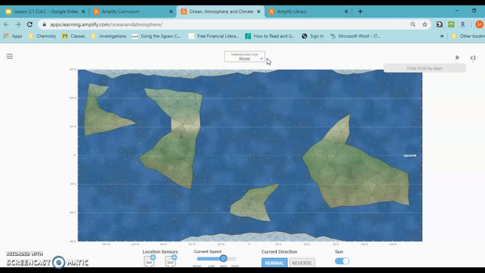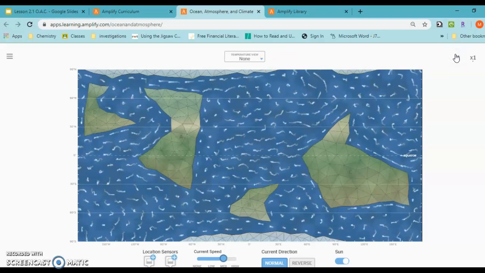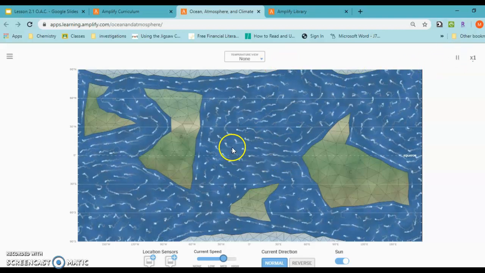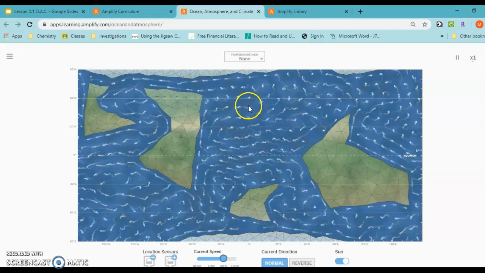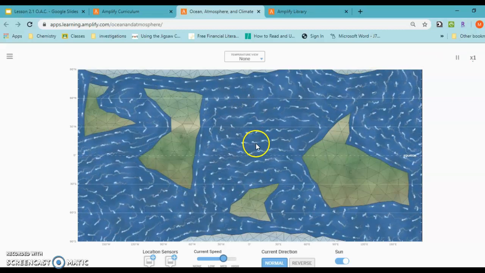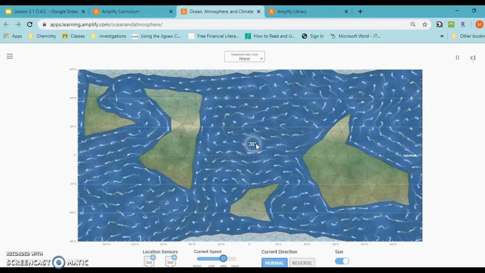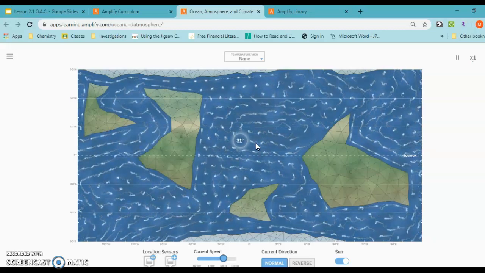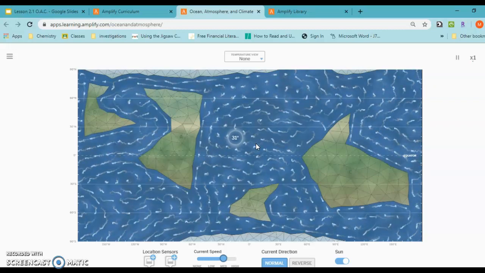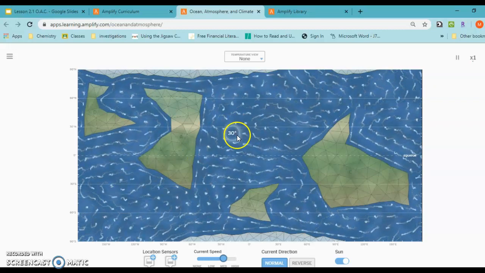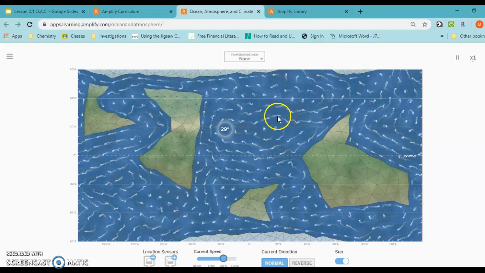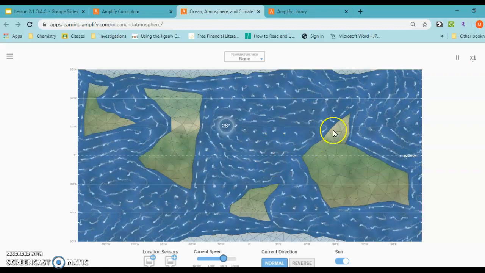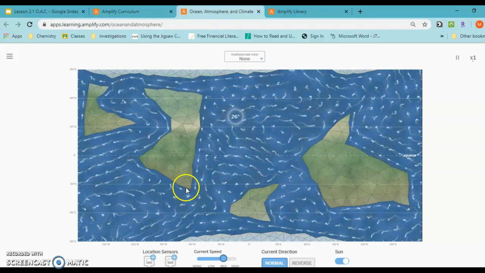And we're going to find a current that would be part of a gyre. So let's hit play for a minute. And then if I'm looking, I can see that these are kind of moving together in a continuous path here. So Miss Jackson's going to follow this current. And I want you to activate the tracking system just like Miss Jackson did. And you're going to draw this path on your student worksheet.